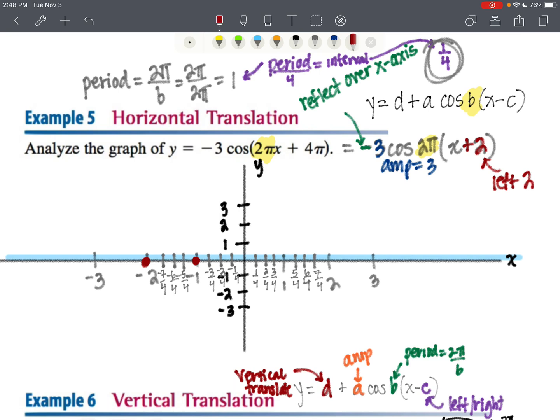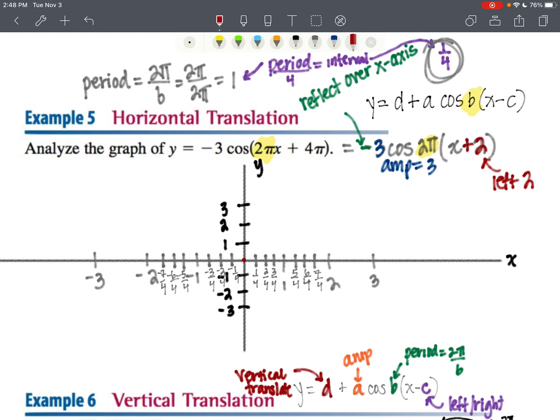Now, this is the cosine curve. So we're going to take these dots out because I was just showing the horizontal length there. We're going to go left 2, and then your cosine starts at the max, ends at the max. But because we have that reflect, it's going to start at the min.